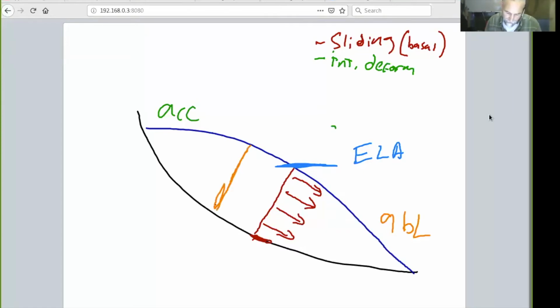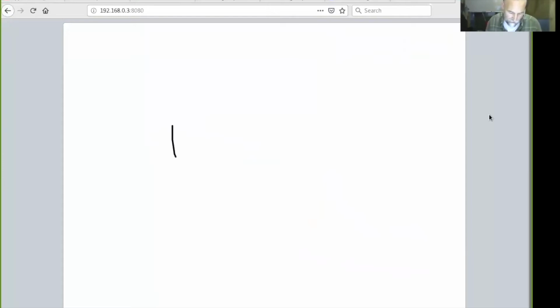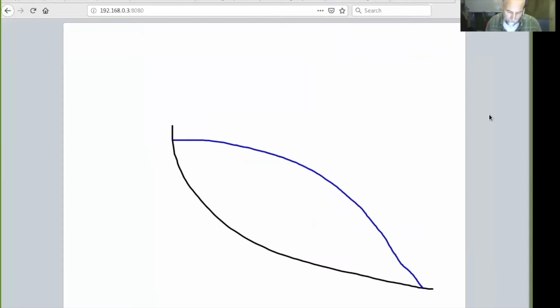I'm going to blow this away and draw it again. So I'm going to draw the sliding, and then I will draw the velocity due to internal deformation just a little bit downstream.